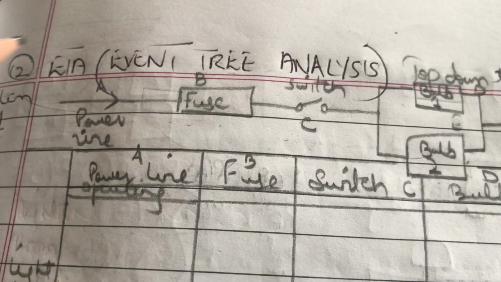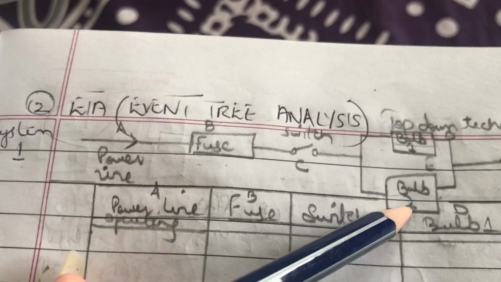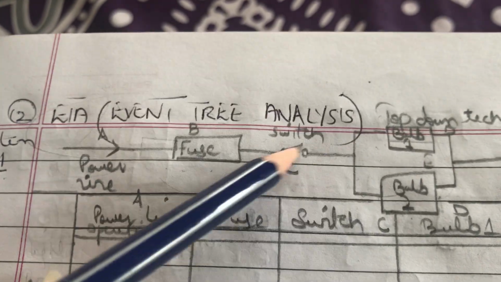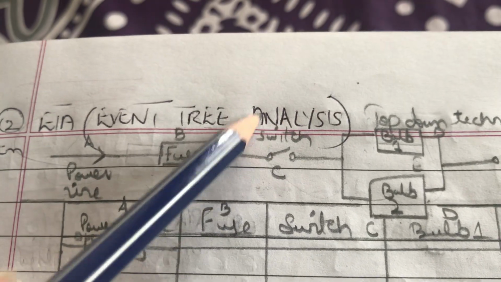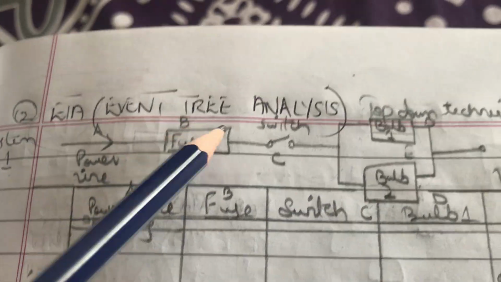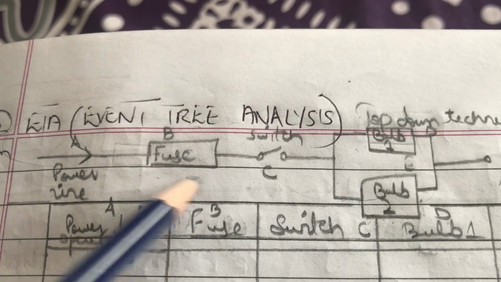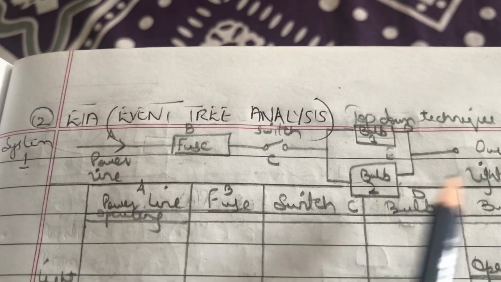And what is this system? It's an easy one: we have two bulbs in the room, a switch, a fuse and a power line. Obviously when we operate the switch, the bulbs light up, the switch is connected with the fuse, and we have the power line. That's basically our system.